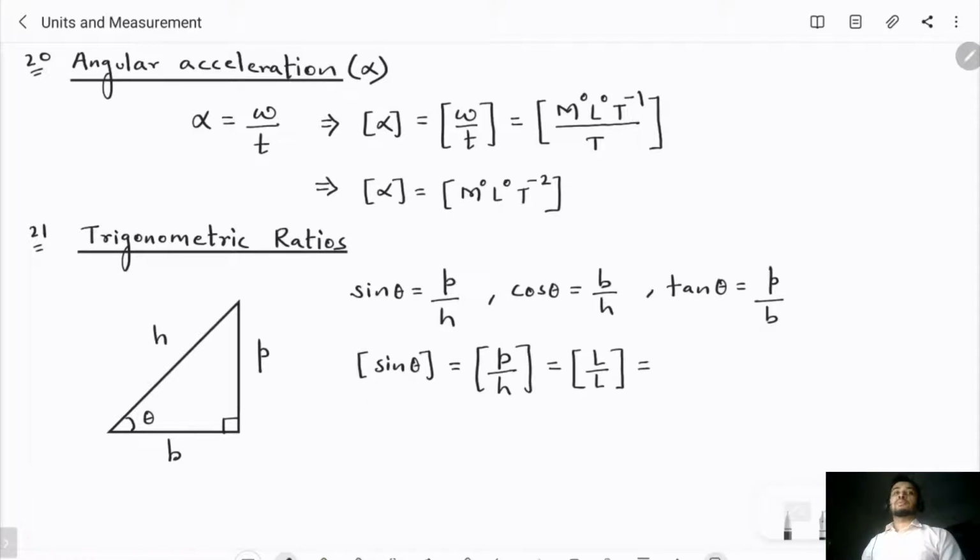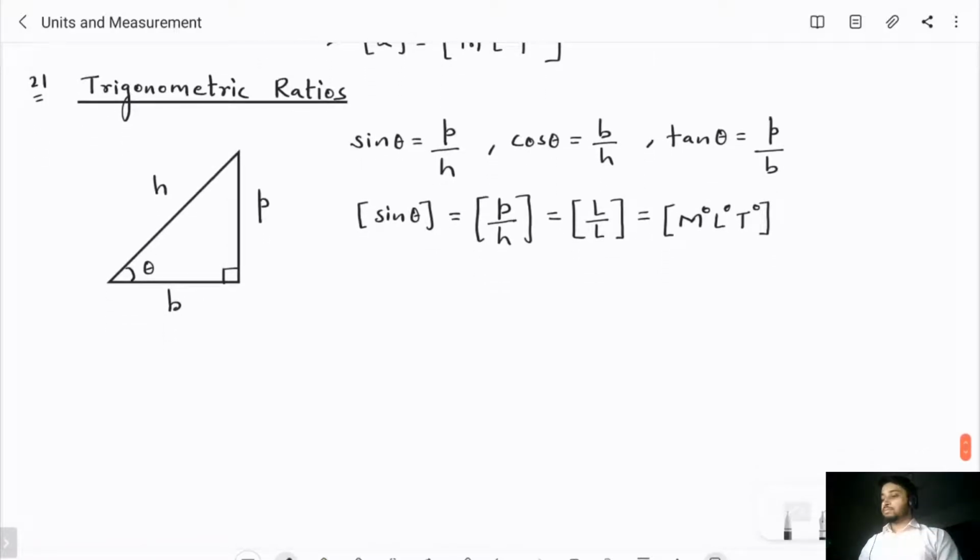So the dimensional formula for sine theta will become M to the power 0, L to the power 0, T to the power 0. Similarly, the dimensional formulas for sine theta, cos theta, tan theta, everything will come out to be dimensionless.